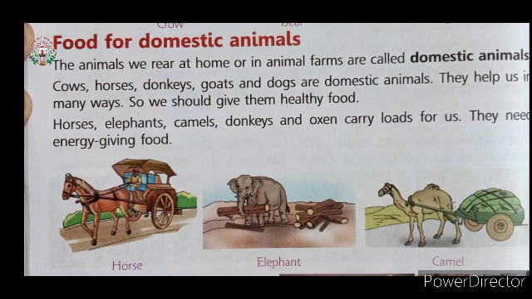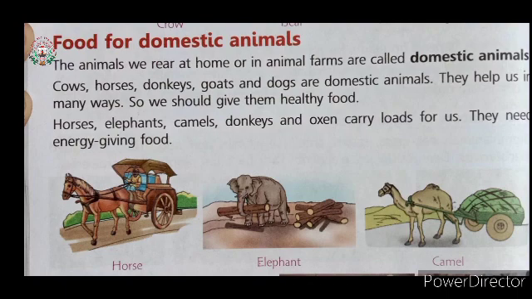Children, do you know what is domestic animals? The animals we rear at home or in animal farms are called domestic animals. Rear at home means to bring up or to breed.